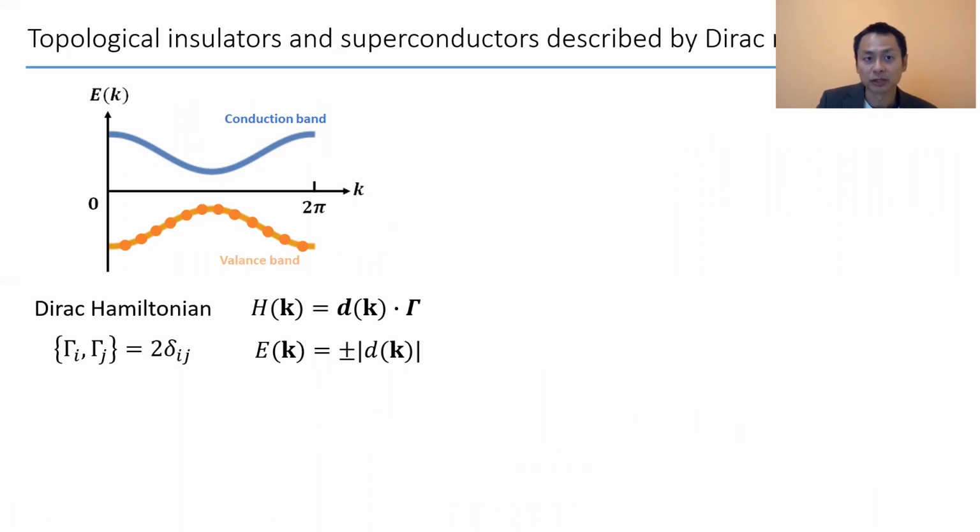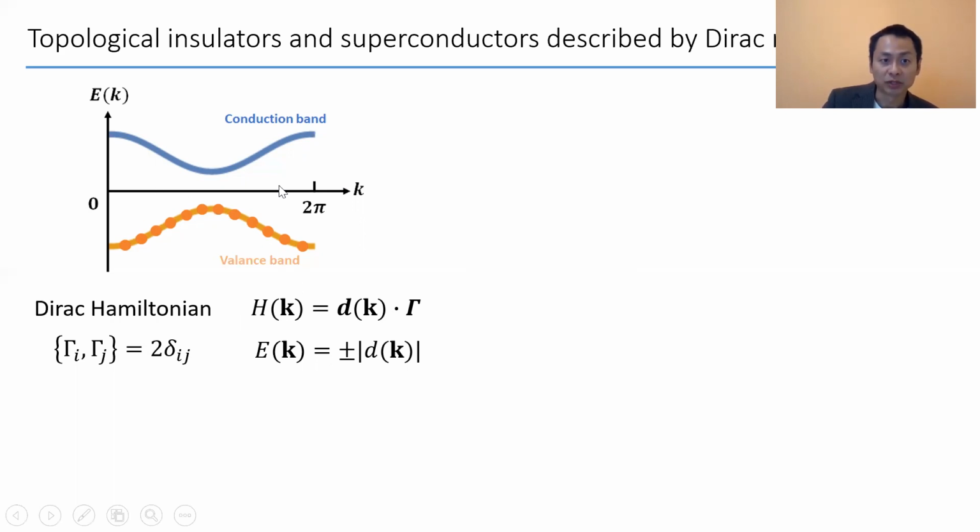Now, let's come to the topological materials. So how do you describe the topology of these topological insulators or superconductors in general, at least for a class of non-interacting and low-energy models? They can be described by the so-called Dirac Hamiltonian, where the Hamiltonian is expanded by these Dirac matrices with the components that I call d of k, where k depends on the momentum.